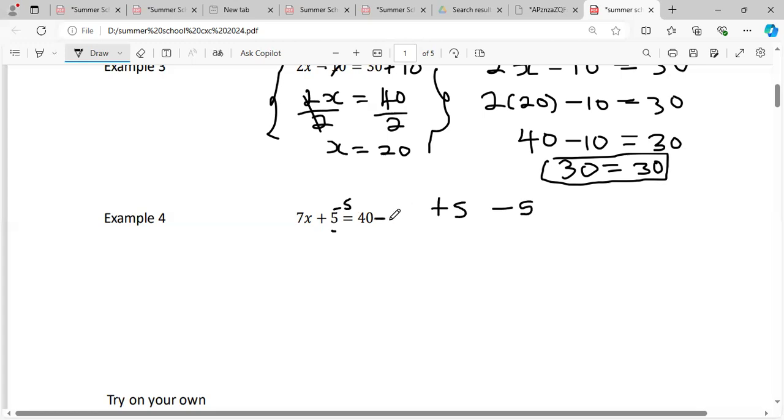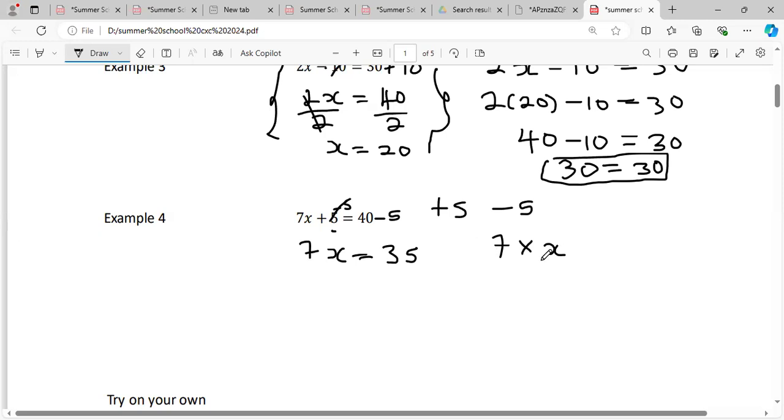Remember, one thing about our equation, it comes like twin. Anything you do to one side, you're going to do to the next side. So it will be 40 take away 5, which gives us 35. Now 7x means 7 times x, right? So the opposite would be to divide by 7.